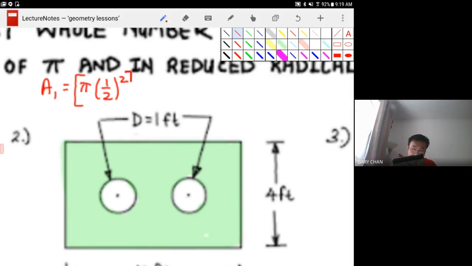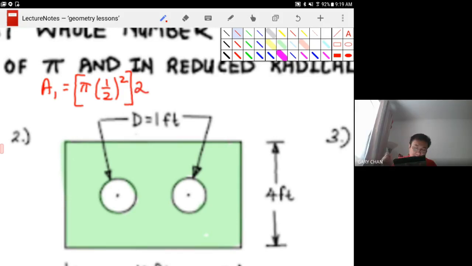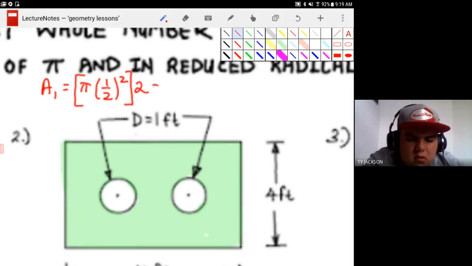So this thing right here is the area of one circle, but we got to multiply this all by how much? 2. That's it. So Ty, what's 1/2 quantity squared? Let me see. One. Wait, man.